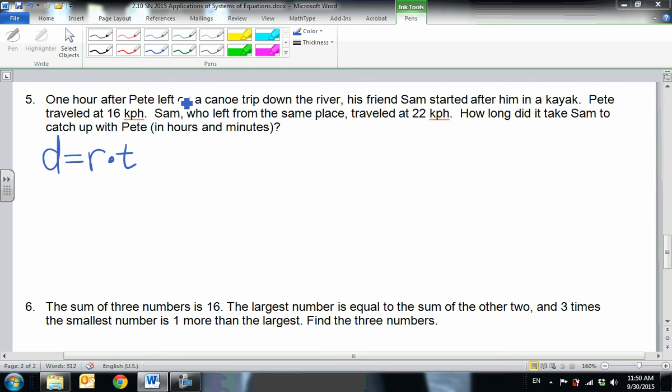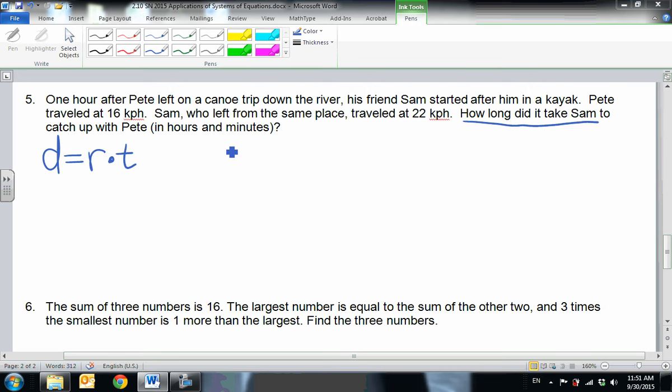Okay, so Pete traveled at 16 kilometers per hour. Sam, an hour later, traveled at 22 kilometers per hour. How long did it take Sam to catch up with Pete? Notice who it is asking us about? Sam.